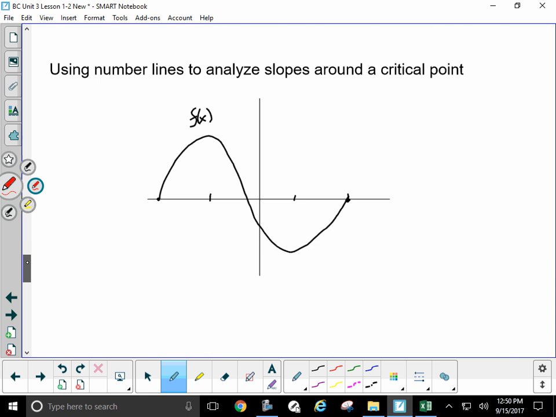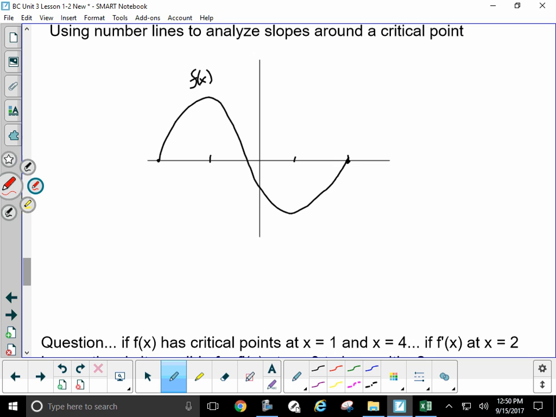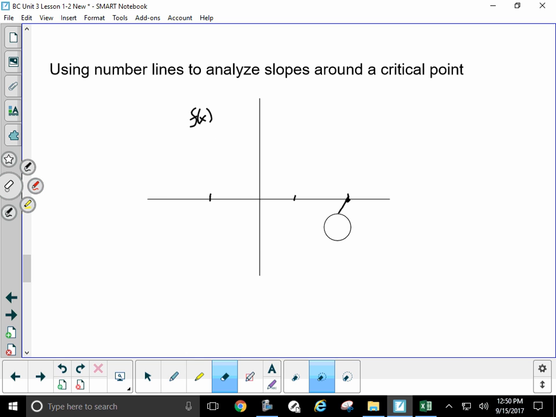Okay? Well, before we go back to this first derivative test, let me show you what we're going to be doing. Now, we're going to pretend like we don't even know what the graph of f looks like. We're going to pretend like we only have values of f prime.